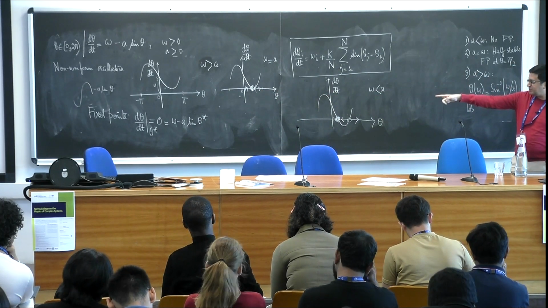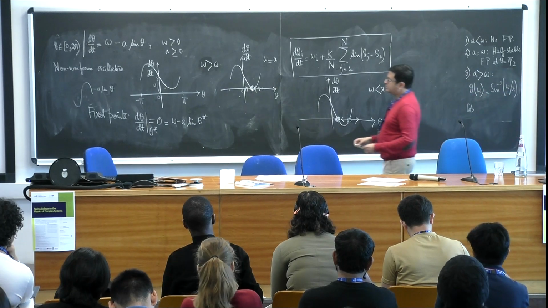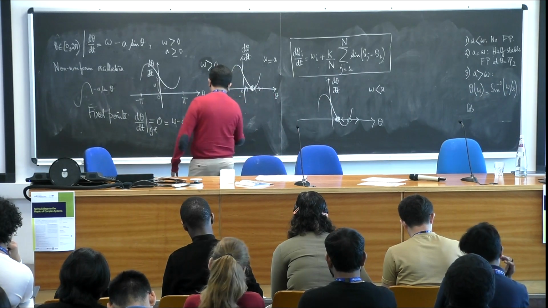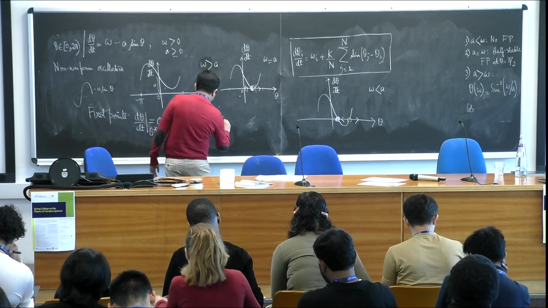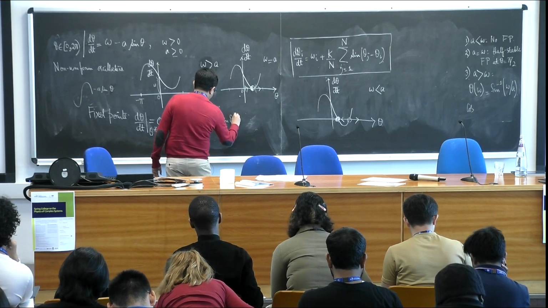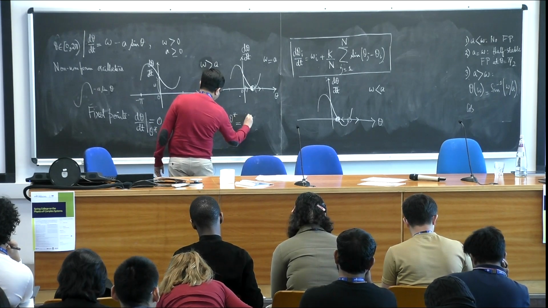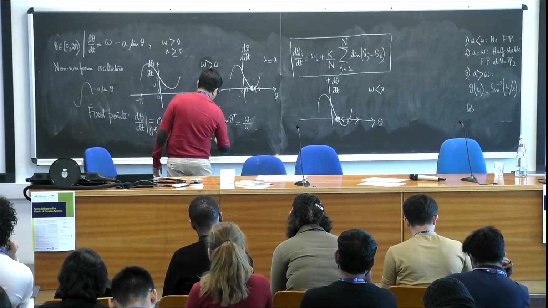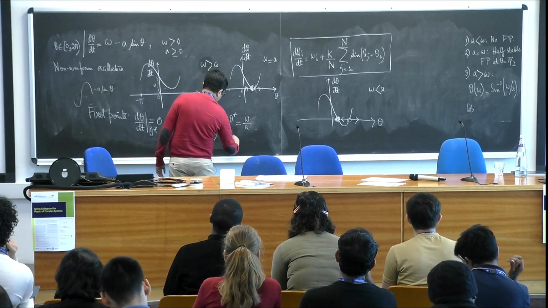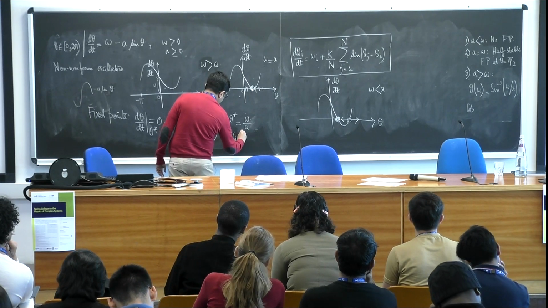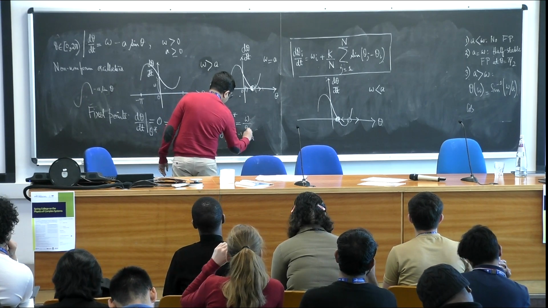If I solve this equation, then I get sine theta star equal to omega by A, or theta star is equal to sine inverse of omega by A.